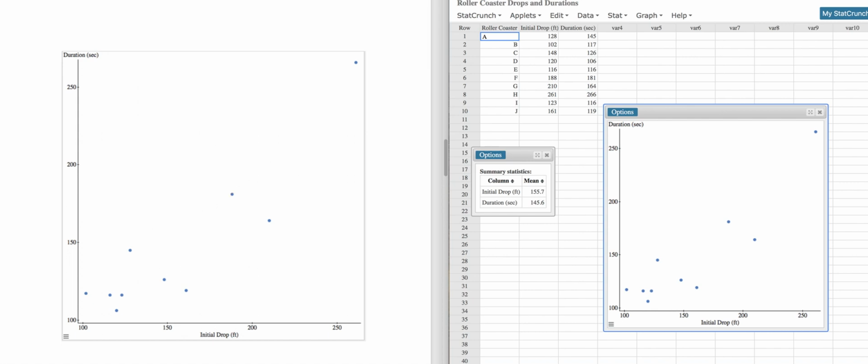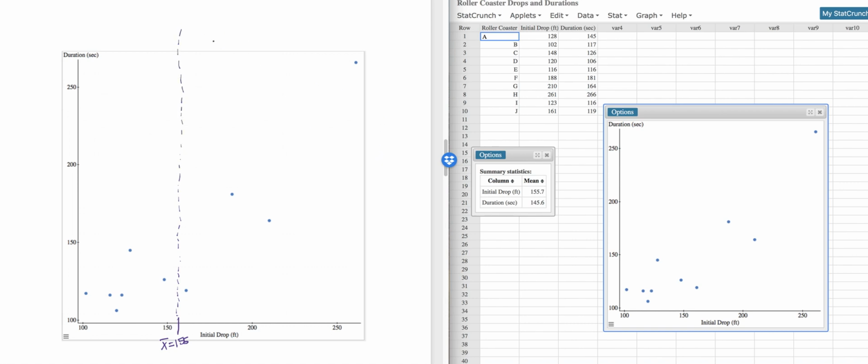So I'm going to go over here on my picture. Maybe our x bar value of 155, and I'm just rounding 155.7, maybe it's about there. So let's give ourselves a vertical dividing line here.